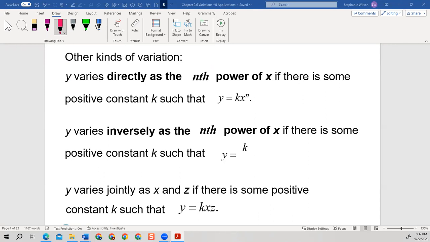You may need to write that down on a separate piece of paper, I would. Now the inversely, y varies inversely as the nth power of x if there is some positive constant k where y equals k divided by x to the n power, okay? Now, y varies jointly as x and z if there is some positive constant k such that we get y equals k times x times z, okay?